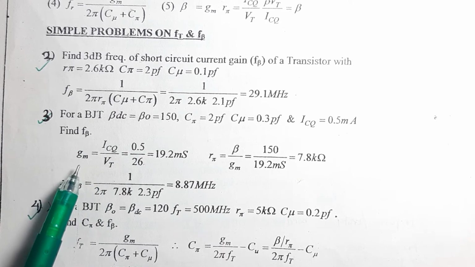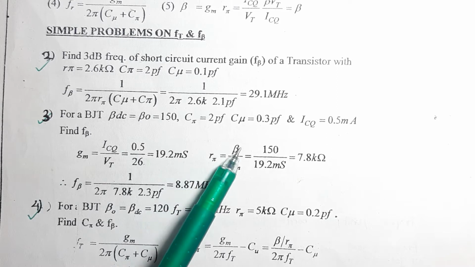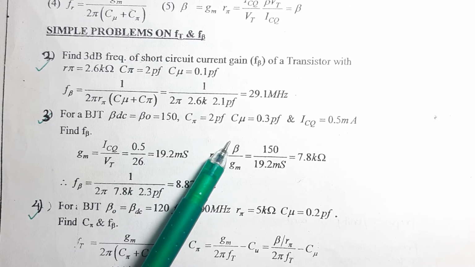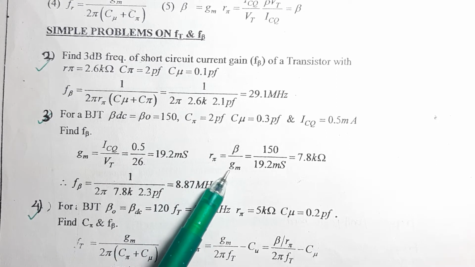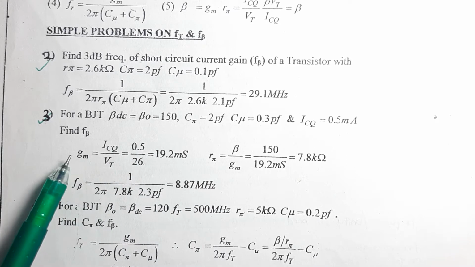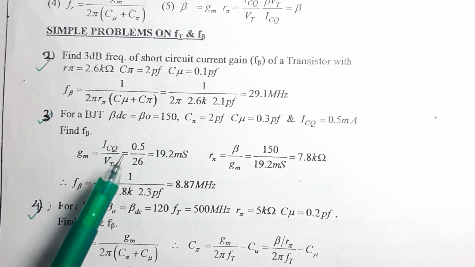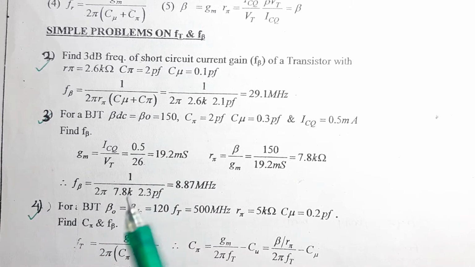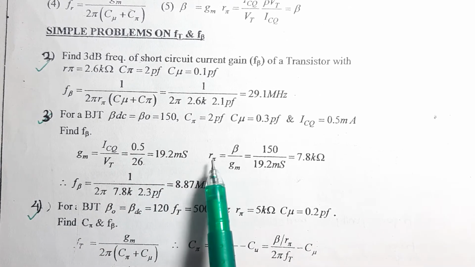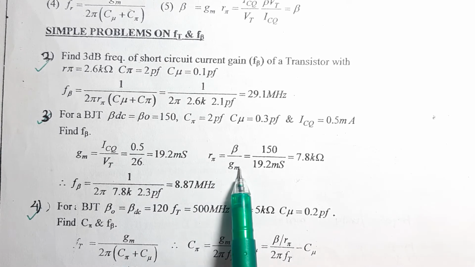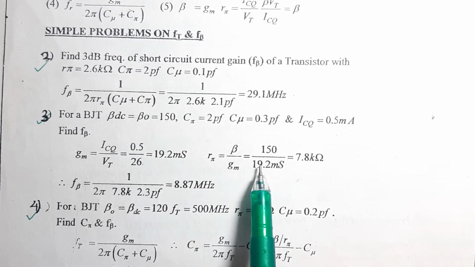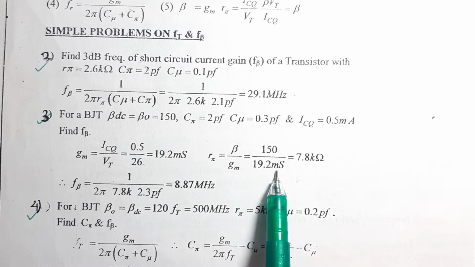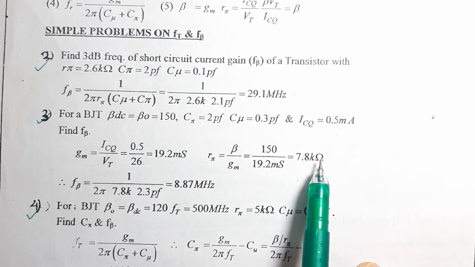Since we know the formula of r pi as beta upon gm, and we have been given beta, we need to find gm. gm is given as ICQ by VT. So gm is equal to 0.5 upon 26, which is equal to 19.2 millisiemens. r pi is equal to beta upon gm, which is equal to 150 by 19.2 millisiemens, which is equal to 7.8 kilo ohms.